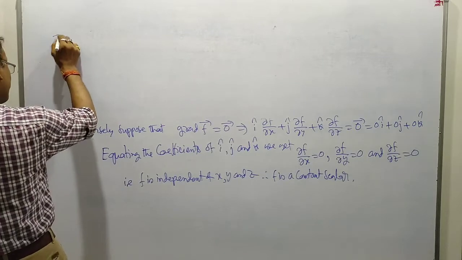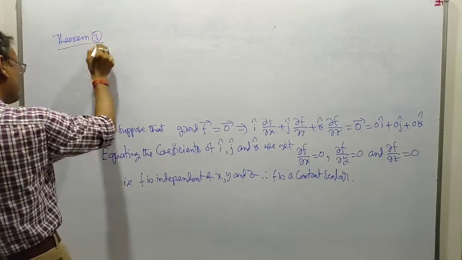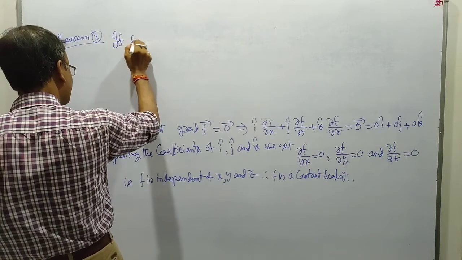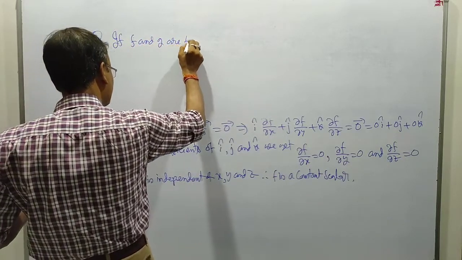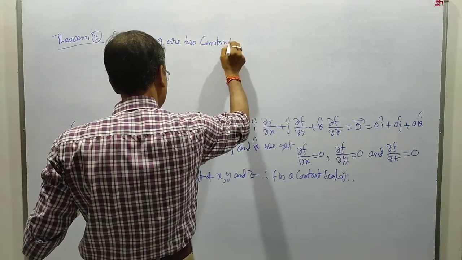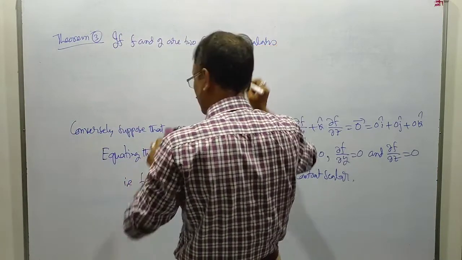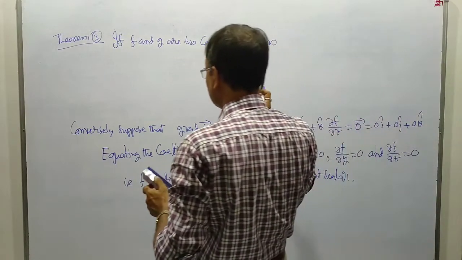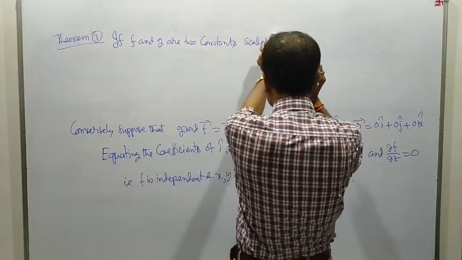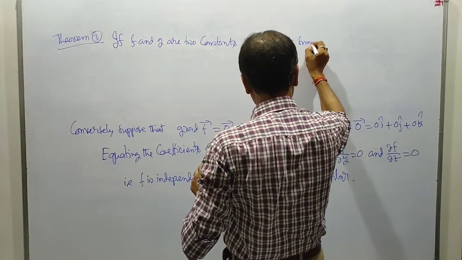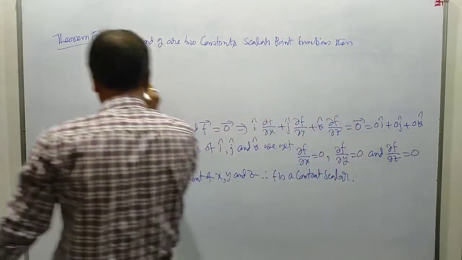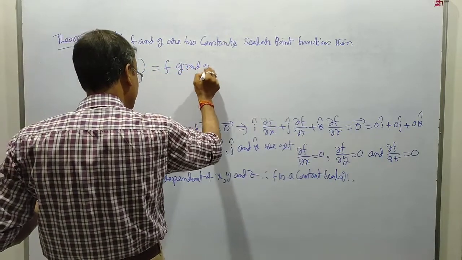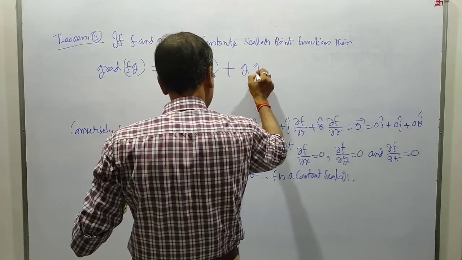Theorem number 3: if f and g are two scalar point functions, then the gradient of fg equals f gradient of g plus g gradient of f.